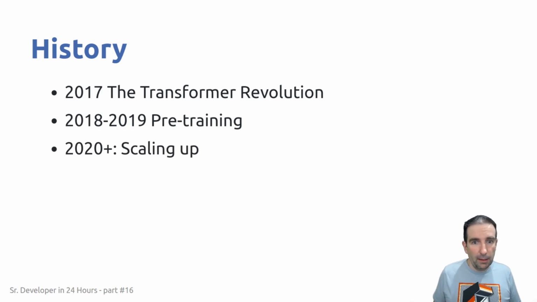In 2020, and getting closer to the current times, what we've seen is a massive scaling in the size of these models. A lot of the research was centered on being able to dramatically increase the size of the model, and this is mainly done through the number of parameters. This is a term that you might have heard. Hey, this model has this many parameters, and we're talking about billions of parameters.